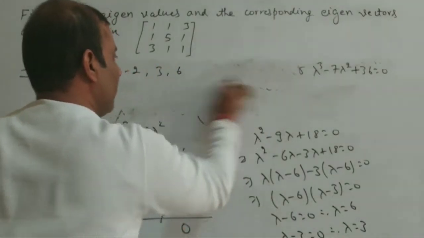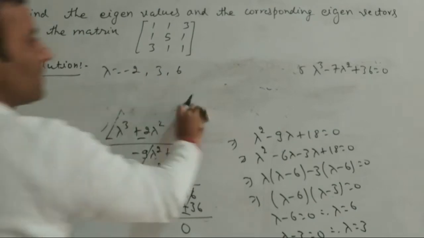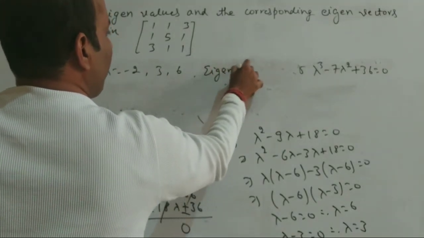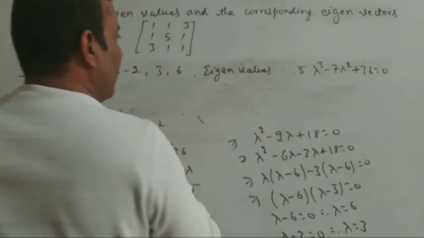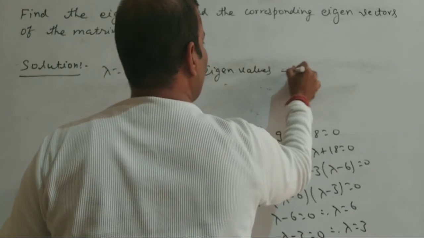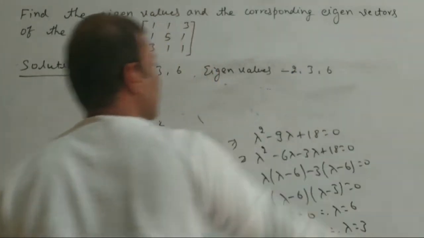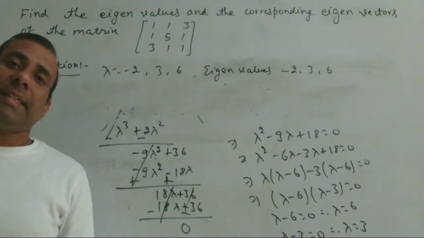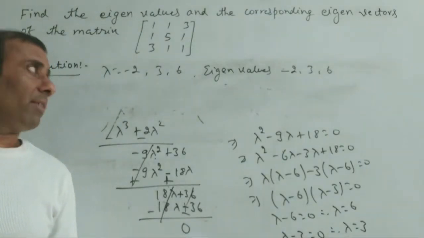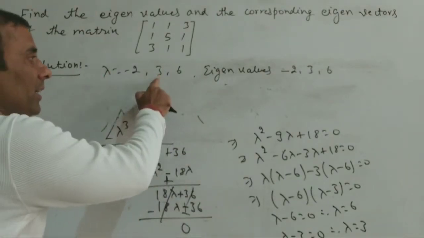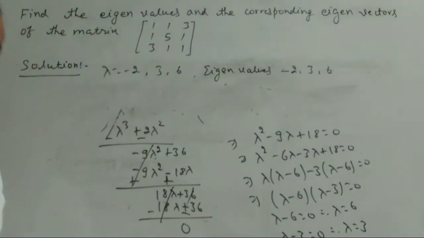It means the eigenvalues will be minus 2, 3 and 6. Now we have to find the eigenvectors corresponding to these eigenvalues. Now we will find the eigenvectors corresponding to lambda equals minus 2, then 3 and then 6. Okay, let's see.